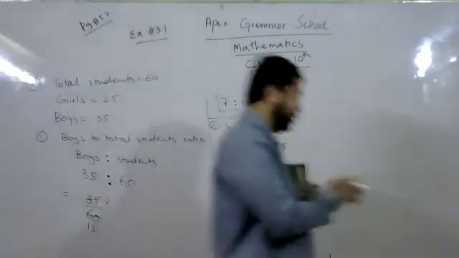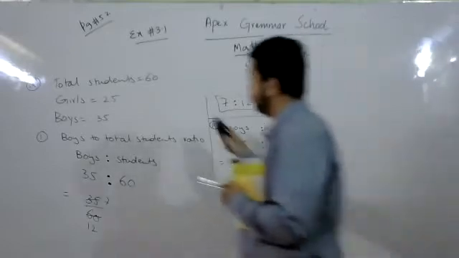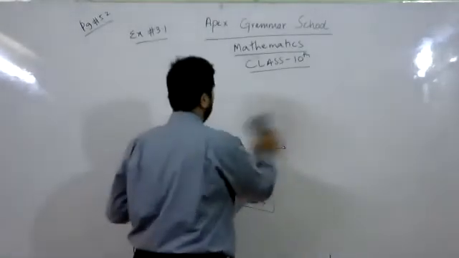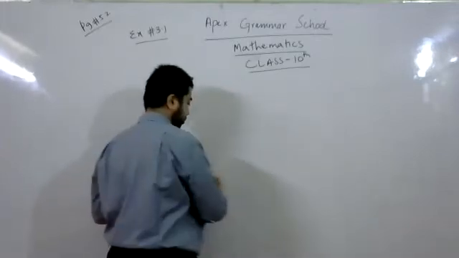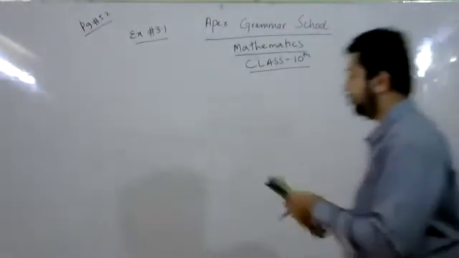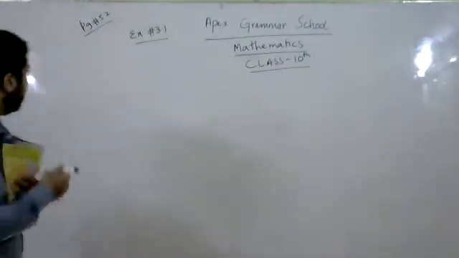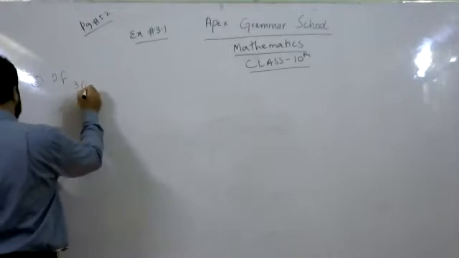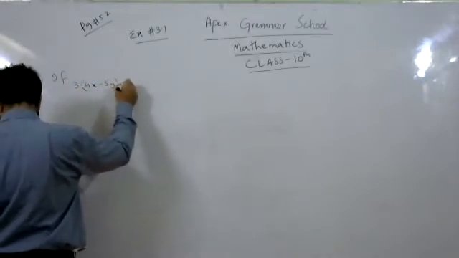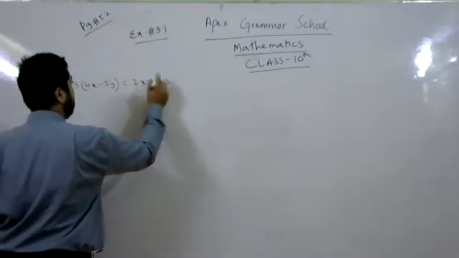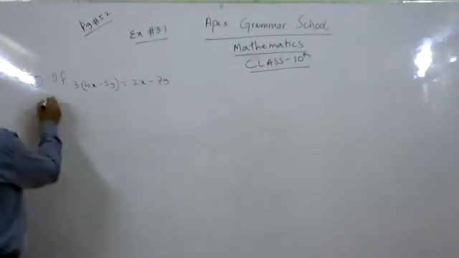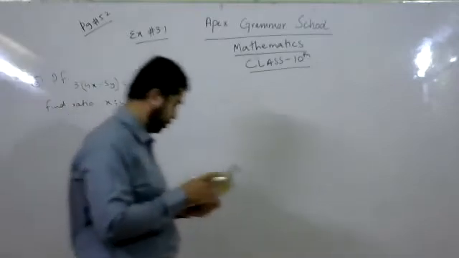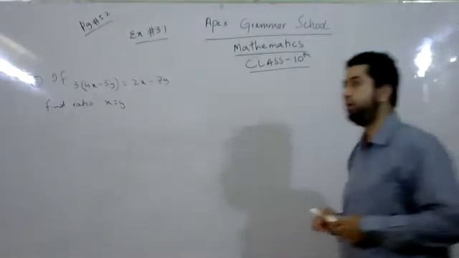Now question number 3, again a ratio question. Question number 3 is, if 3 into 4x minus 5y is equal to 2x minus 7y, then find the ratio x to y.